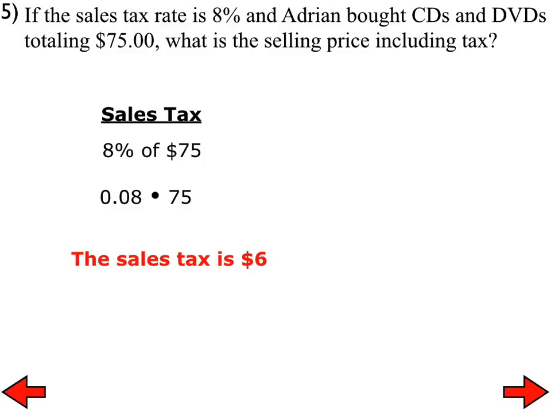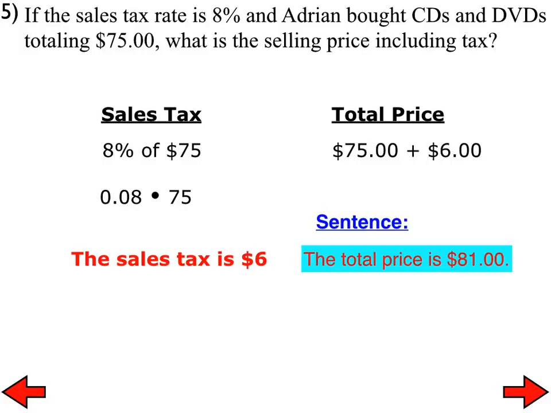And then what do I do with that tax again? Add it to the 75. So the total amount that you are paying, or Adrian is paying, when he buys that at the counter would be 75 plus 6, which is a total of $81.